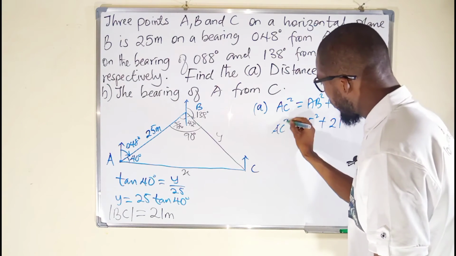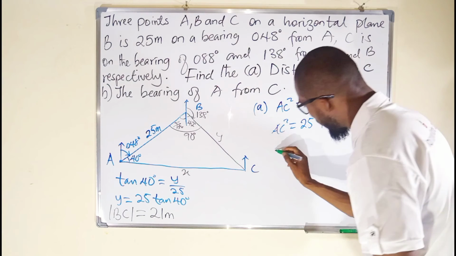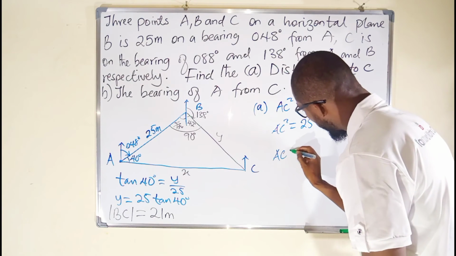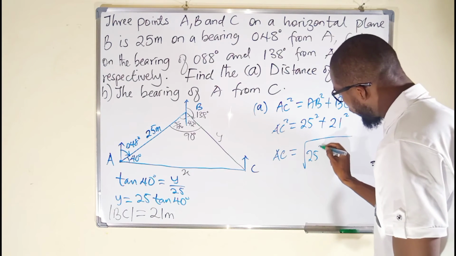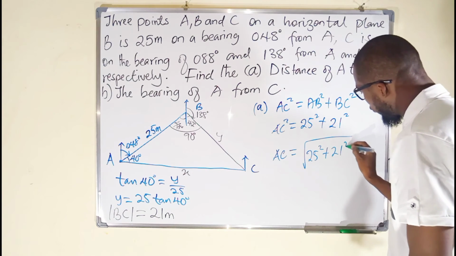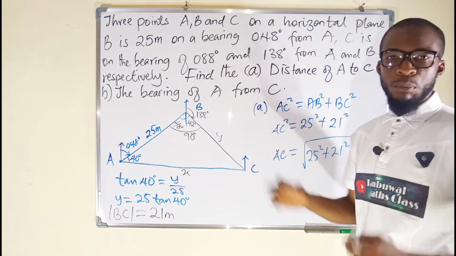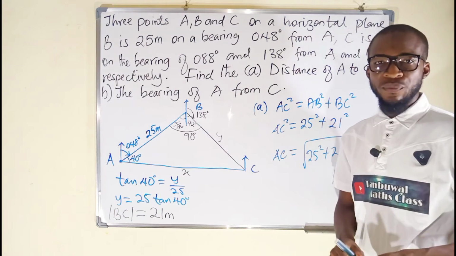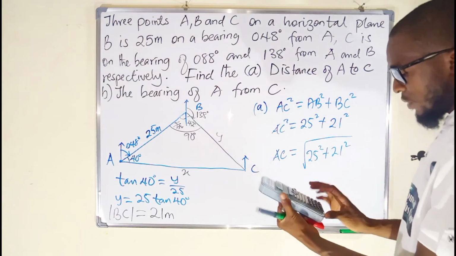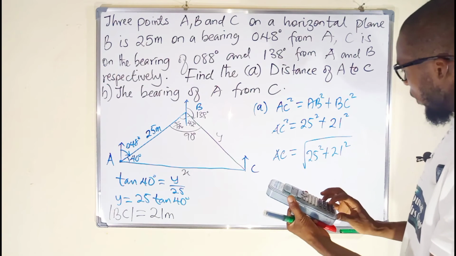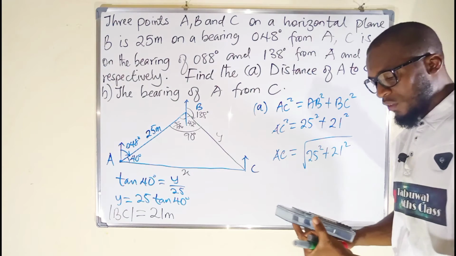This is AC squared. If we take the square root of both sides, AC will remain alone here, and this is equal to the square root of 25 squared plus 21 squared. We are not going to apply plus or minus because all distances are positive values. Using my calculator, I'll press everything direct. 25 squared plus 21 squared, what I have is 1066.